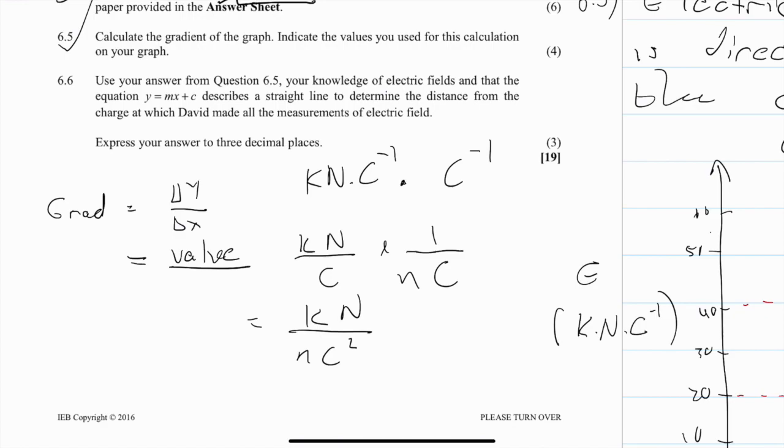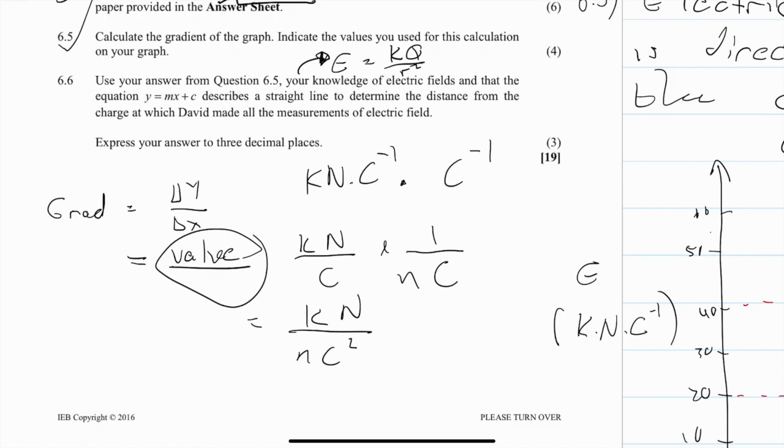Express your answers to 3 decimal places. Okay, so let's read that once again. Use the previous answer, the value that we got out of there, and your knowledge of electric field strengths. My knowledge of electric field strengths is going to be this equation. This is what that refers to.